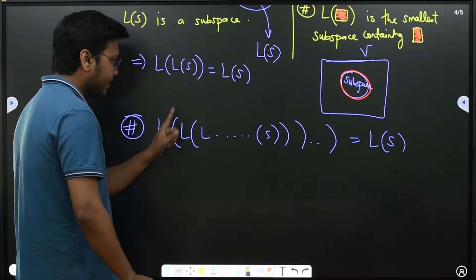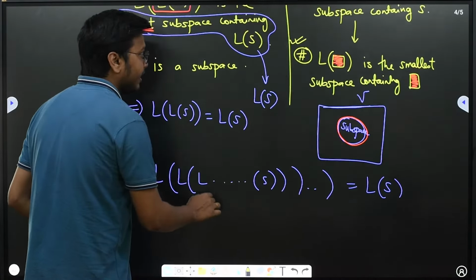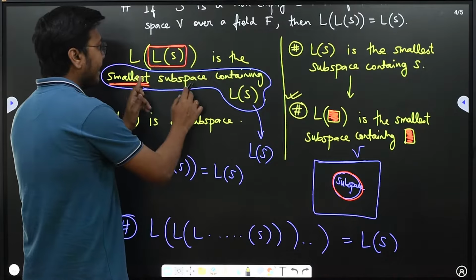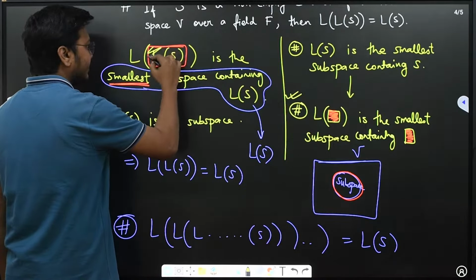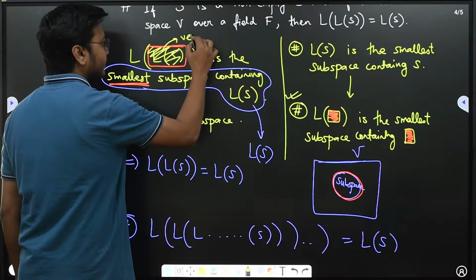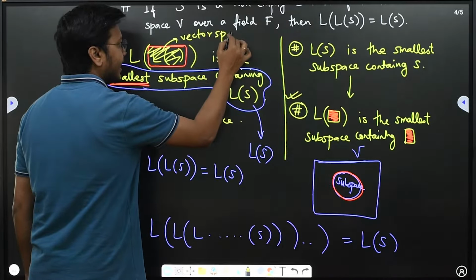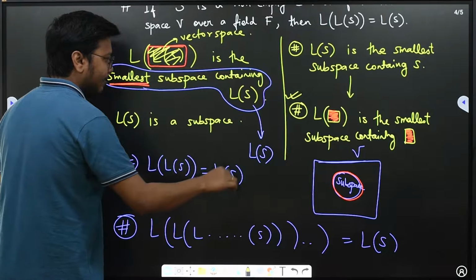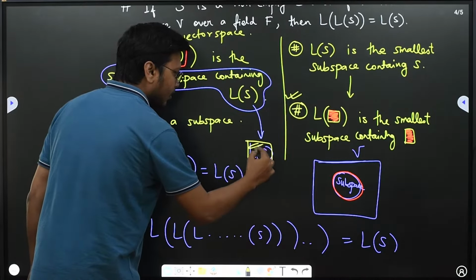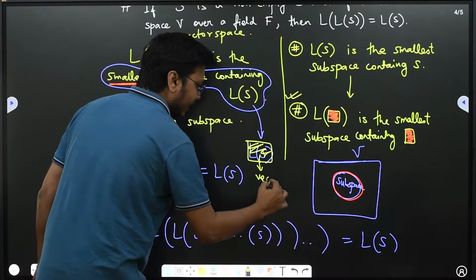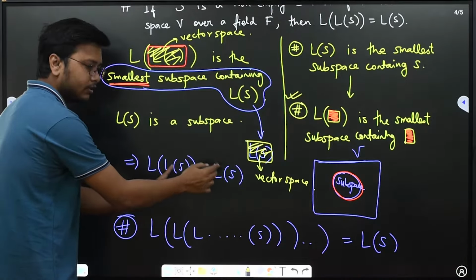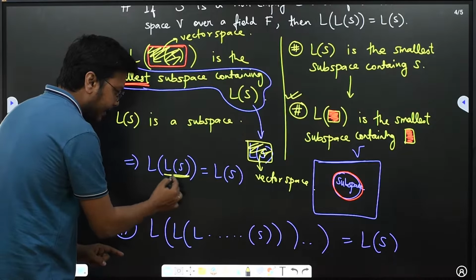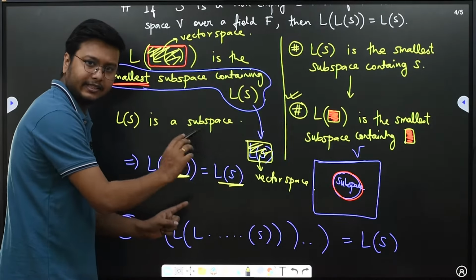Now coming to the previous theorem, there I have shown that if I take L of a vector space, this inside part was a vector space, right? So if I take L of a vector space, I will get that same vector space as my answer. That's why L of S was L(S) itself. L of any vector space is the vector space itself.